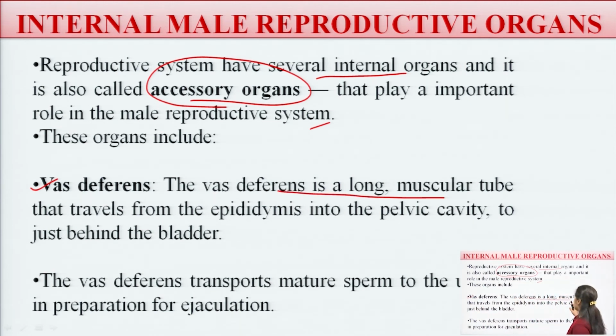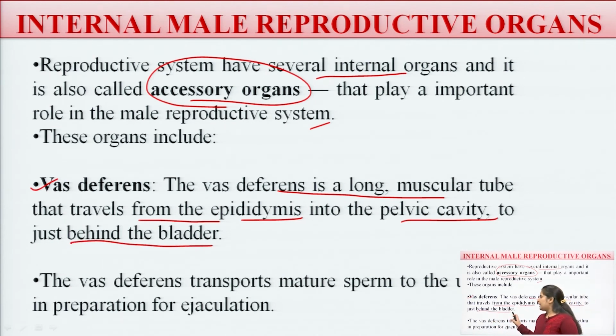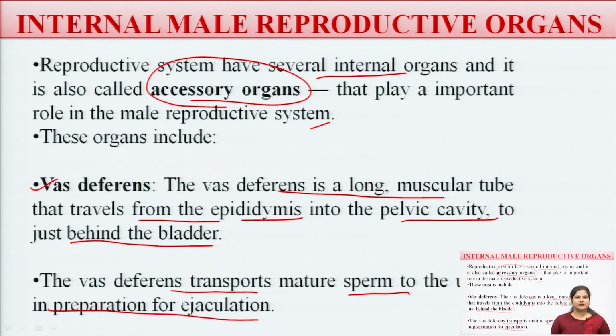The vas deferens is a long muscular tube that travels from the epididymis into the pelvic cavity just behind the bladder. So that is the location of the vas deferens. The vas deferens transports the mature sperms to the urethra in preparation for the ejaculation.